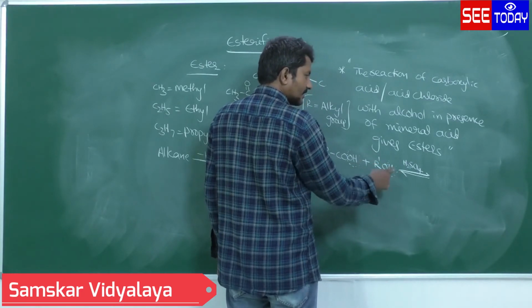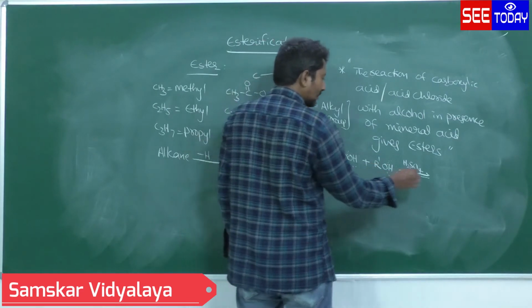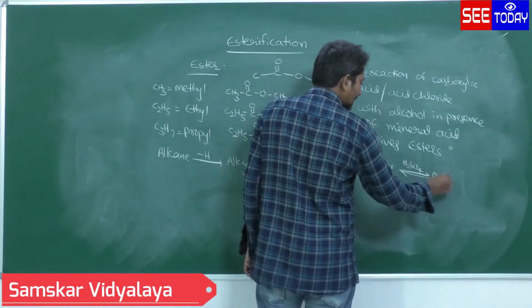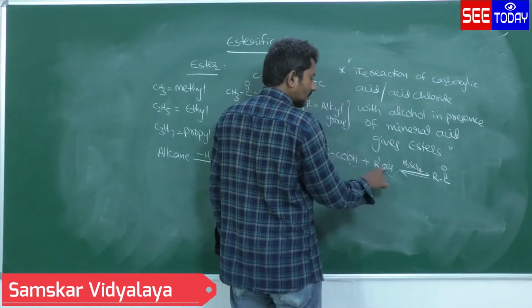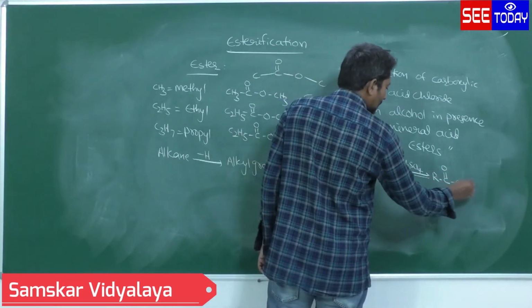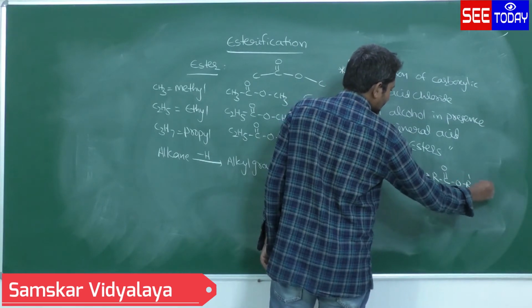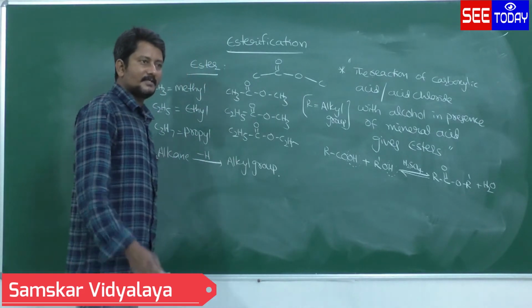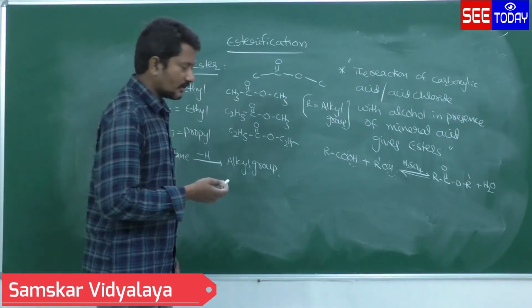OH is eliminated as a water molecule. Then what you get is R, C double bond O, O R prime, plus water. R C double bond O R prime is the ester. That is the ester functional group.